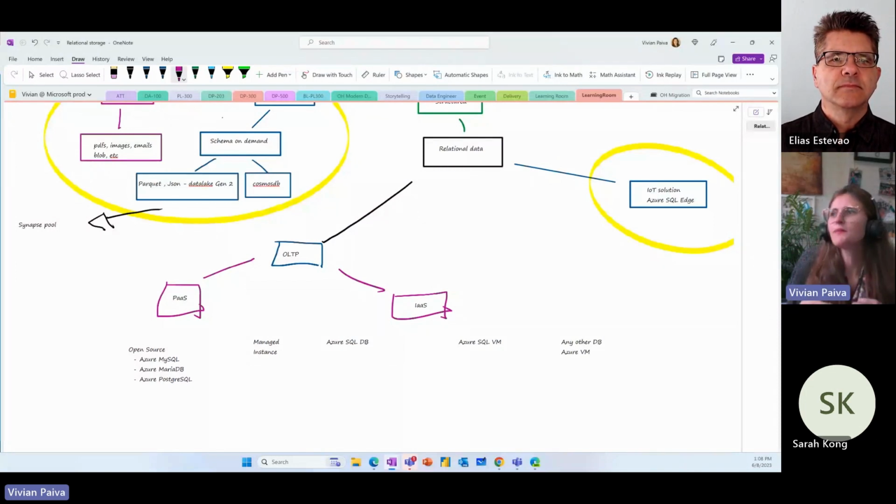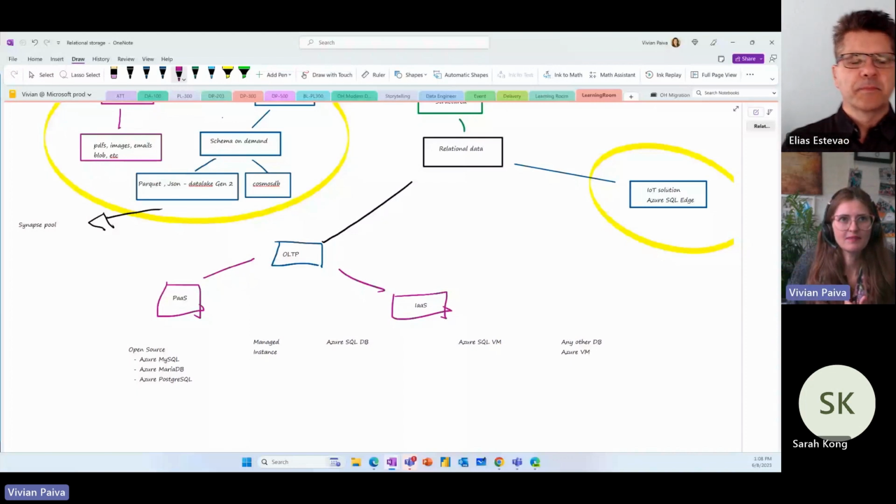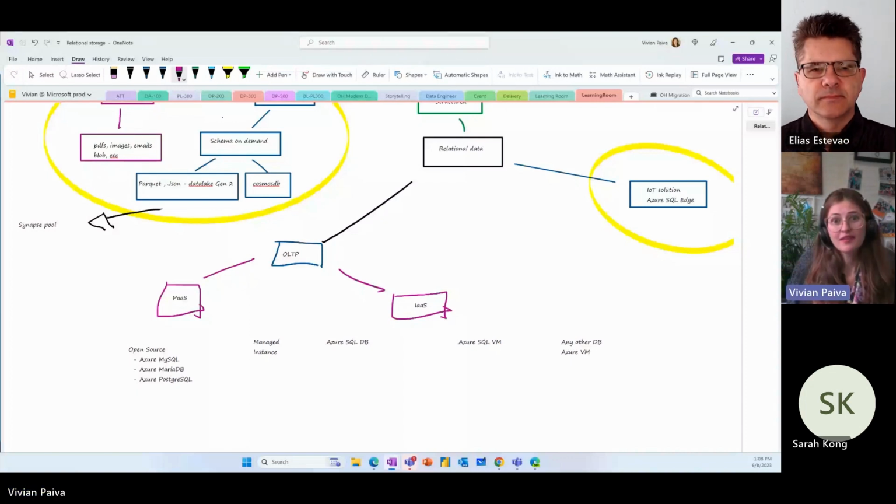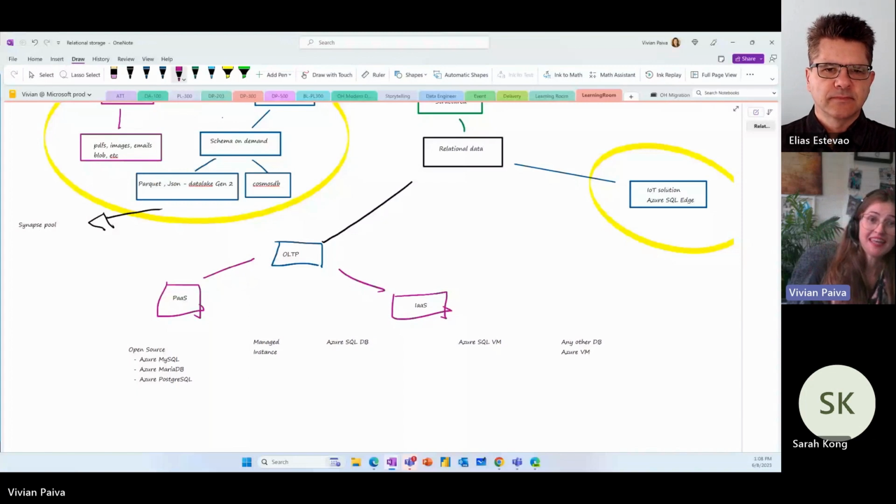When we talk about IaaS, it is infrastructure as a service. So everything that's above the infrastructure, it's our responsibility. And there we have flexibility and also responsibilities.